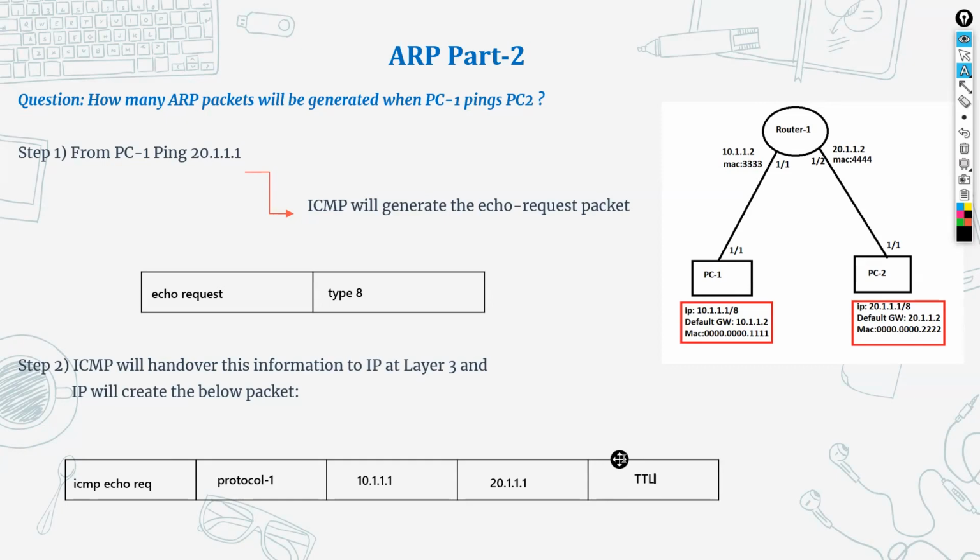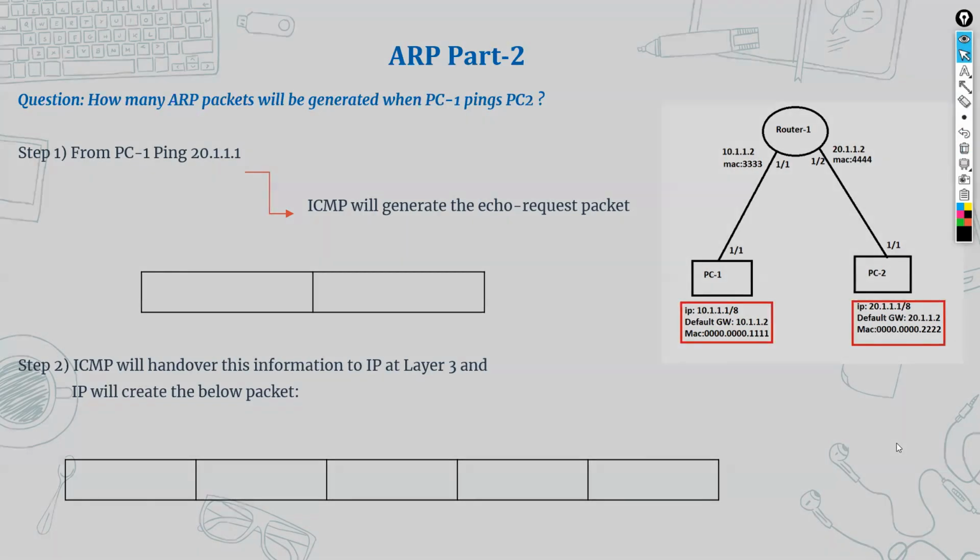If you are using Cisco IOS, it will be 255. So we are just mentioning, okay, there will be a TTL field. So this is the particular information that will be generated by the IP protocol, right?